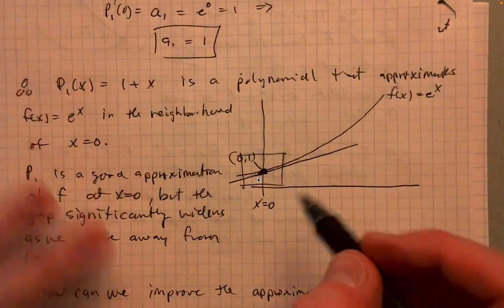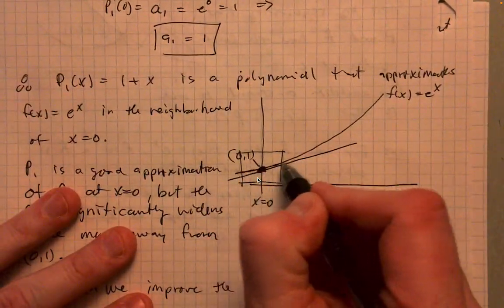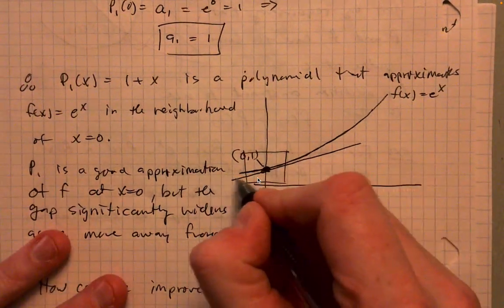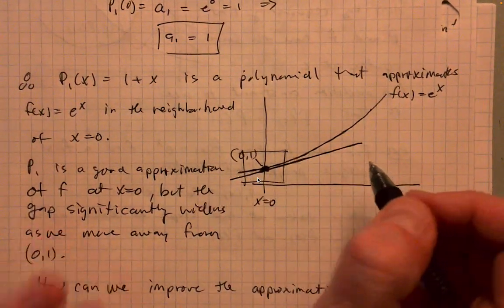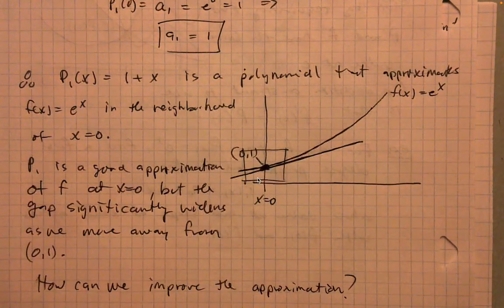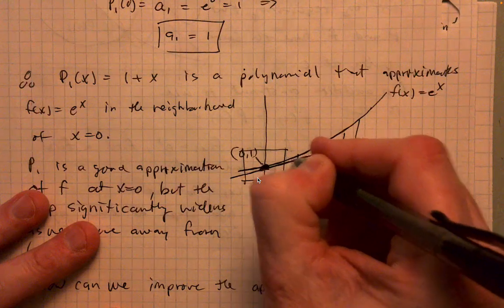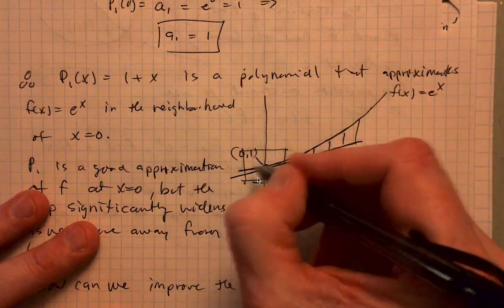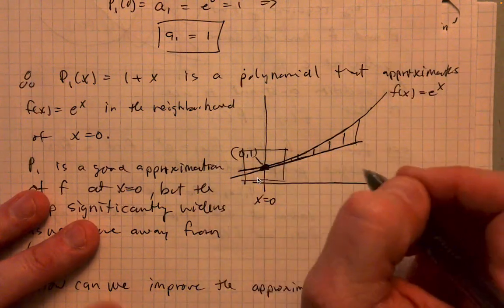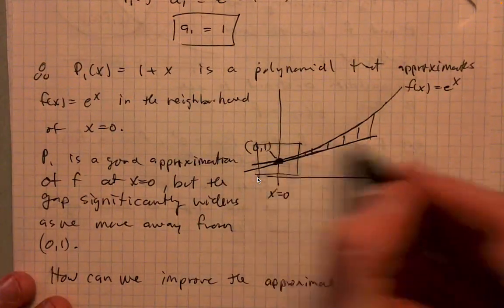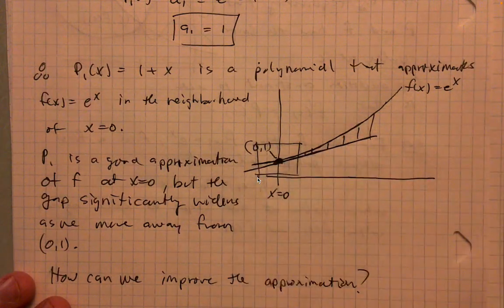You can see here, right, this line, f, is concave up, whereas P1 is just a straight line. There's no concavity to it. And so the gap that begins to form here is due to one of the functions, f, namely, having concavity, having some curvature, whereas the other one has no curvature, right? It's a straight line.